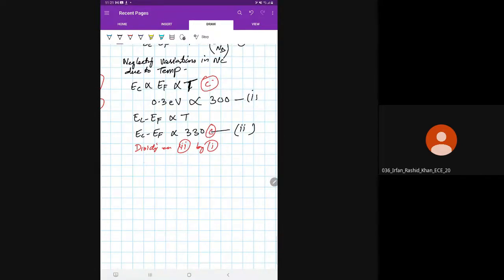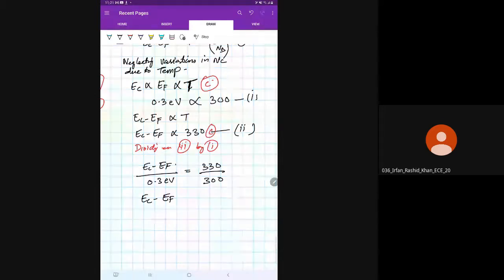So we will have EC minus EF divided by 0.3 electron volt equals 330 divided by 300. Please calculate EC minus EF, that means the new energy level. How much below the conduction band is the new energy level? 0.33 electron volts. Yes, it is 0.33 electron volts.